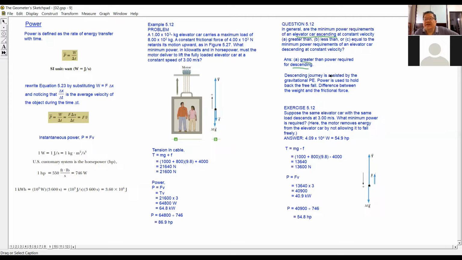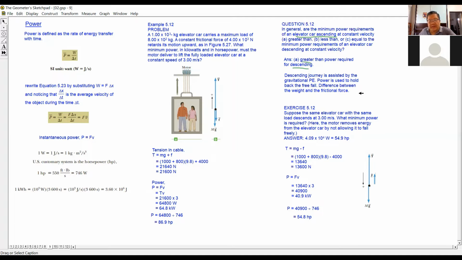The descending journey is assisted by the gravitational potential energy. The power is used to hold back the free fall, the difference between the weight of the object and the frictional force, right? So it means that when the elevator is going down, it is not in free fall.